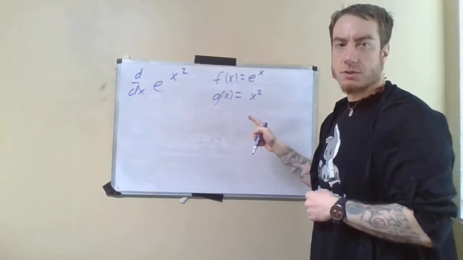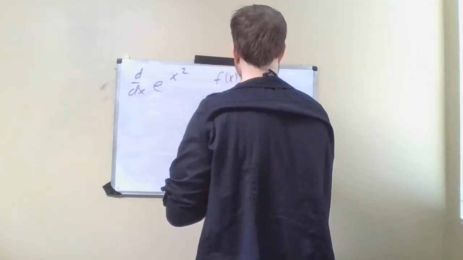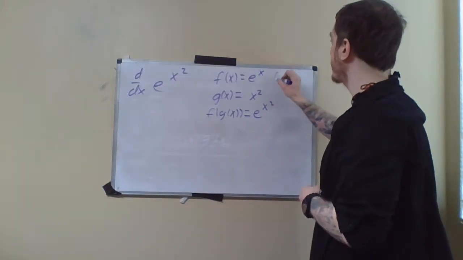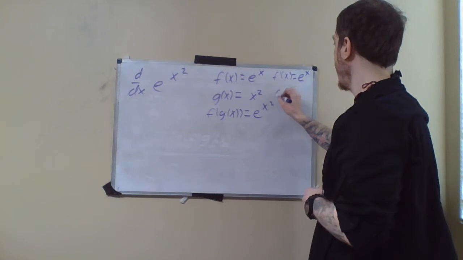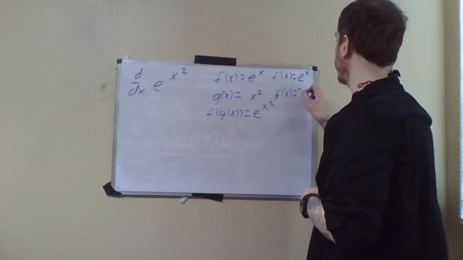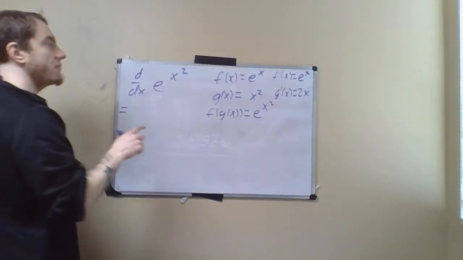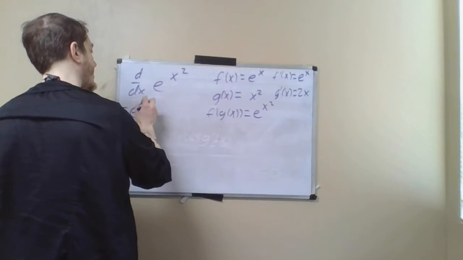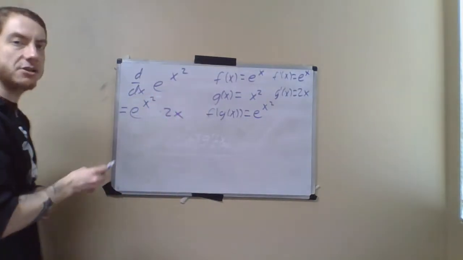Because if I write it this way, then f composed with g of x is e to the x squared. Now, f prime of x is still e to the x, and g prime of x is going to be 2x. So my derivative is f prime evaluated at g, so that's still e to the x squared, and then it is multiplied by a 2x.